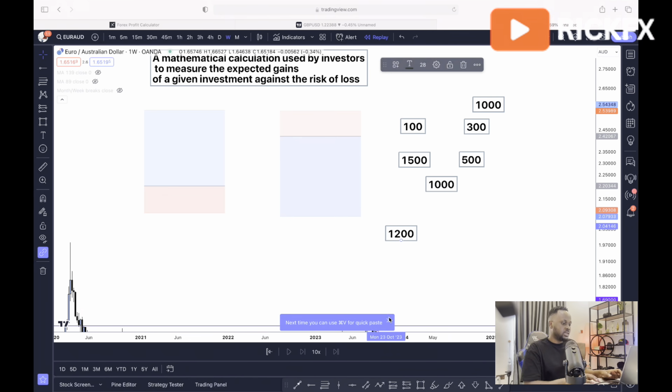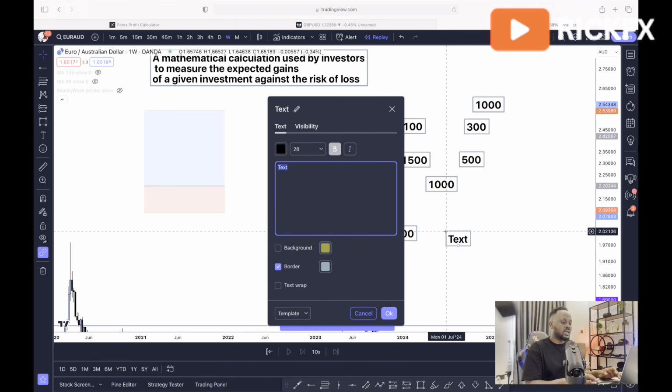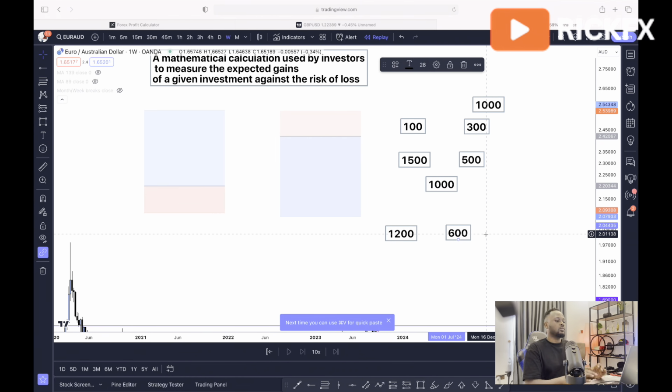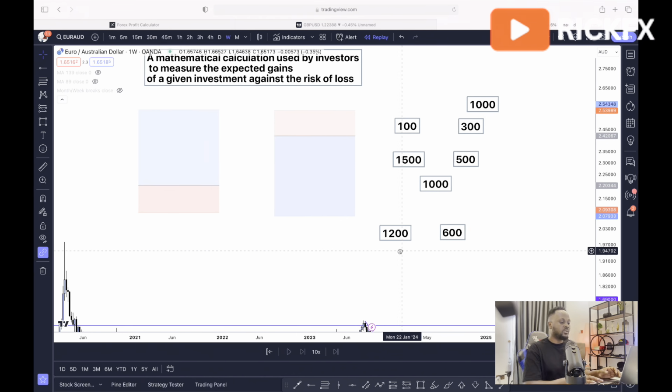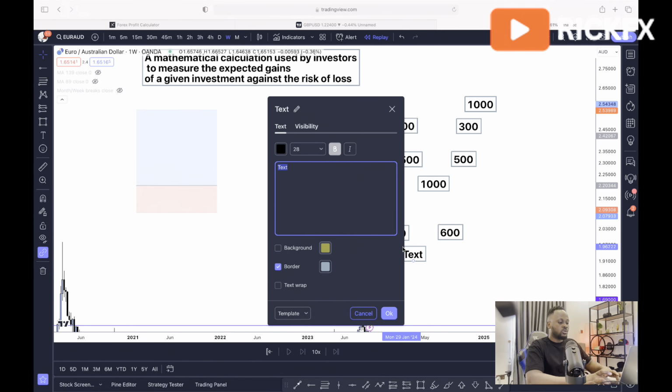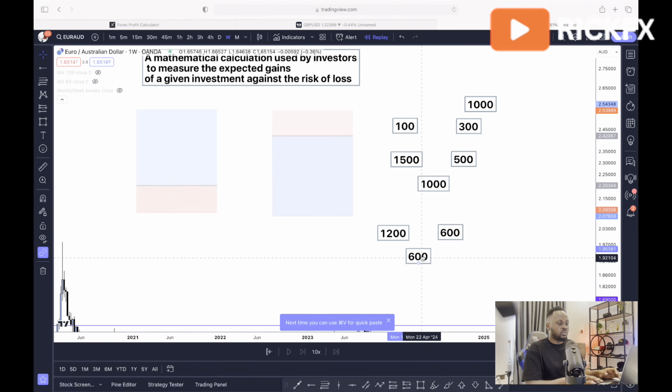After 10 trades, and then we lost 6 this time around, so that will be $600. So just like that, when you take the $600 from our $1,200, how much do we have left? We have a total profit of what? $600. This is a situation where we lost more than we won. So this is why risk to reward is important, and you can even go further and even prove yourself right.